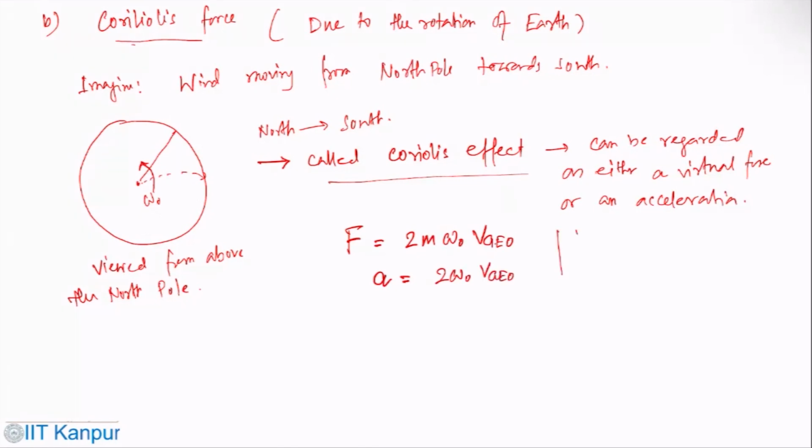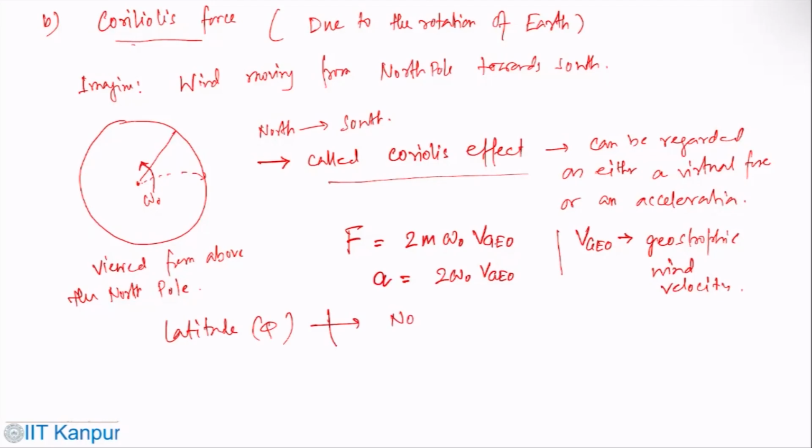Here v 0 is the geostrophic wind velocity. The Coriolis force depends on latitude phi, which means there is no Coriolis force on the equator.